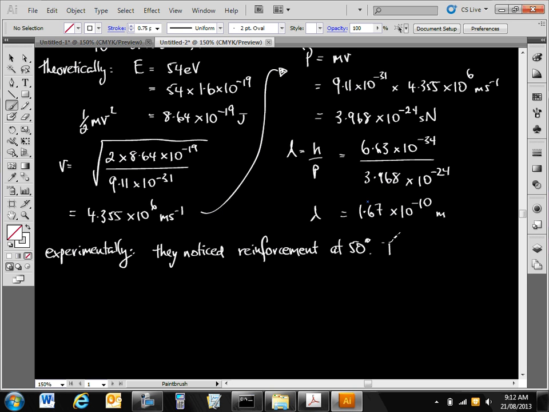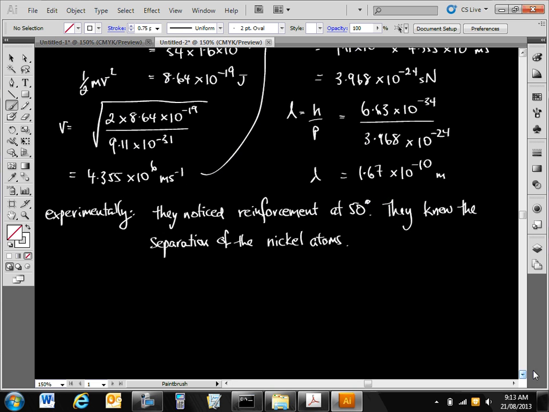And they knew the separation of the nickel atoms in this very nice uniform crystal lattice.